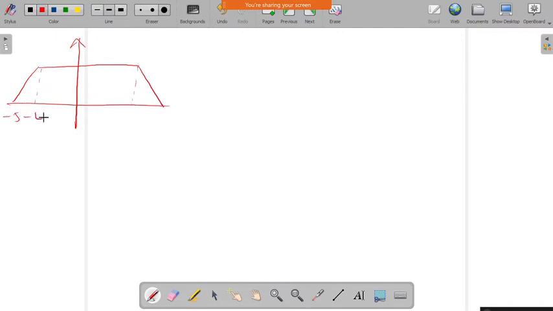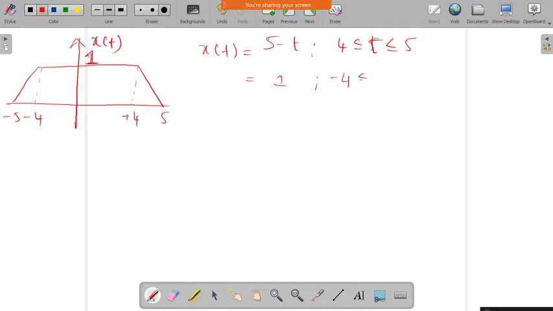It is from -5 to -4, and +4 to +5, with amplitude value 1. So x of t is equal to 5 minus t for 4 less than t less than or equal to 5, and it is equal to 1 between -4 and +4, and it is t plus 5 for -5 less than or equal to t less than or equal to -4, and 0 otherwise.